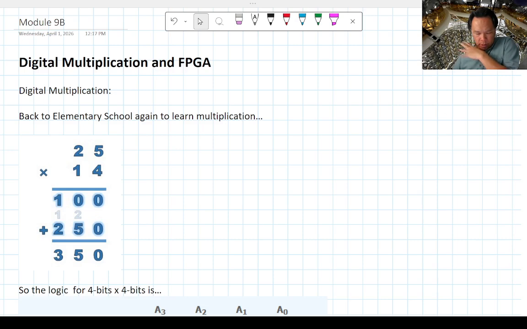This one we're going to talk about digital multiplication, just as another example of some digital computation that you can do, basically derive by hand. And I'm going to start introducing you to the field programmable gate array, which is a chapter. Well, it's like a section in the textbook that I posted on Canvas.